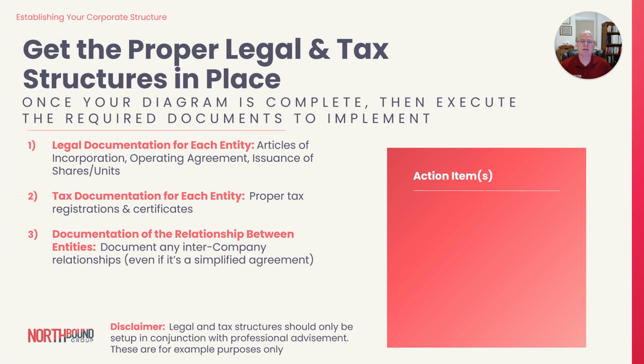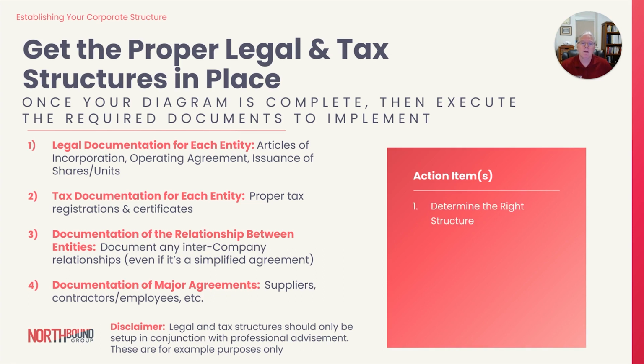So the action items that I'd like you to take now are to document any major agreements that you have in your business, document the relationships between the businesses, document the tax status of each, and then document the legal documentation that you need for each one of them.